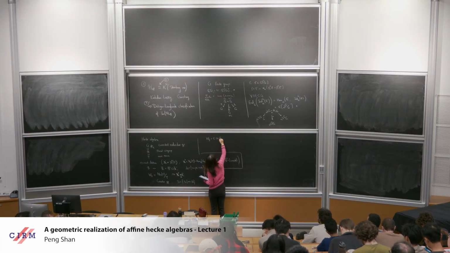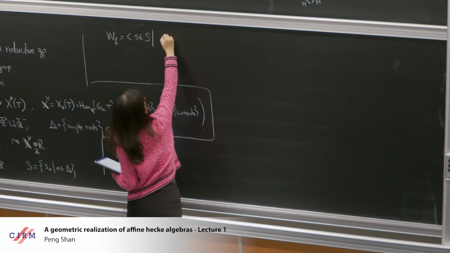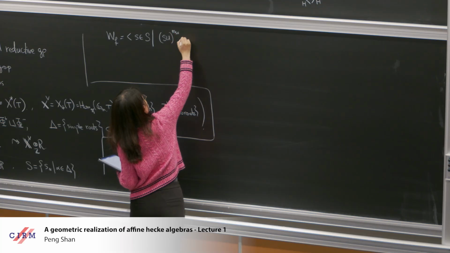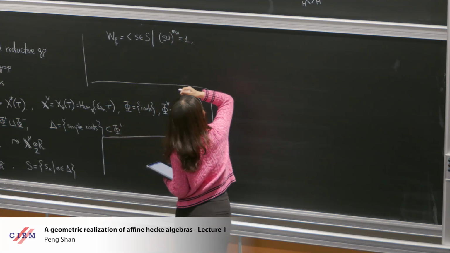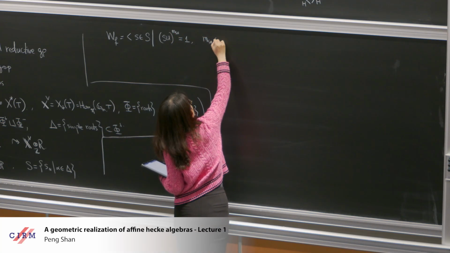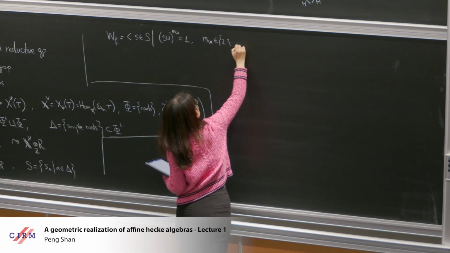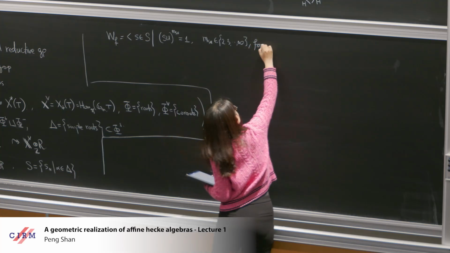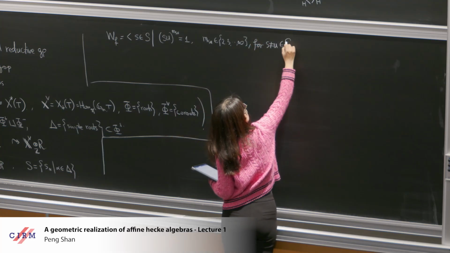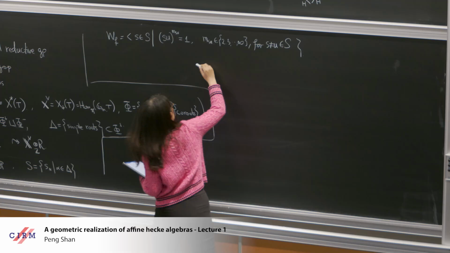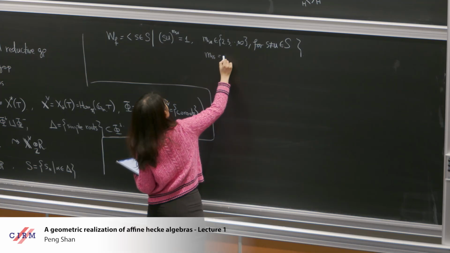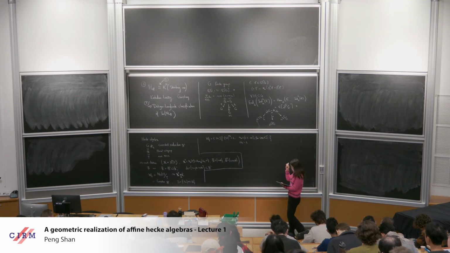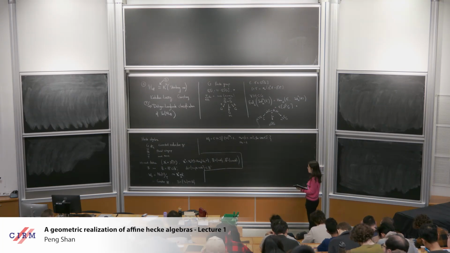It's generated by elements in S and then subject to relations (st)^{m_st} = 1, where m_st belongs to 2, 3, or infinity for s not equal to t in this reflection set. And m_ss = 1, okay, s squared is equal to 1.